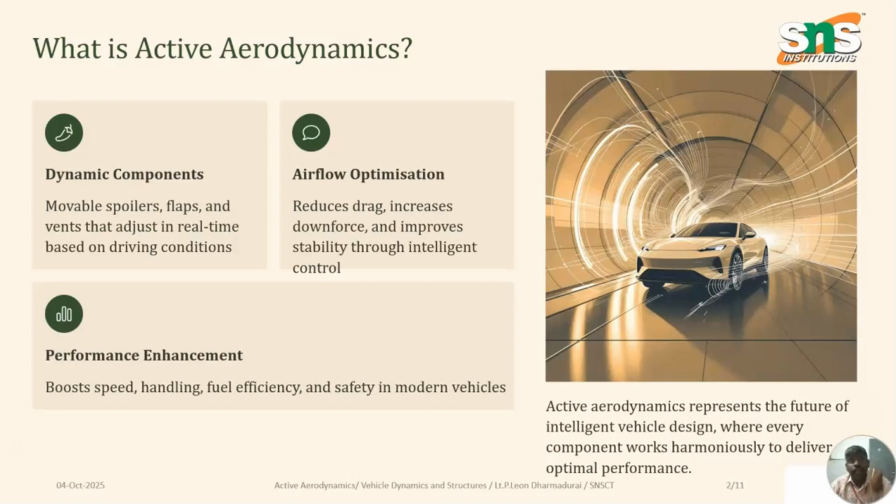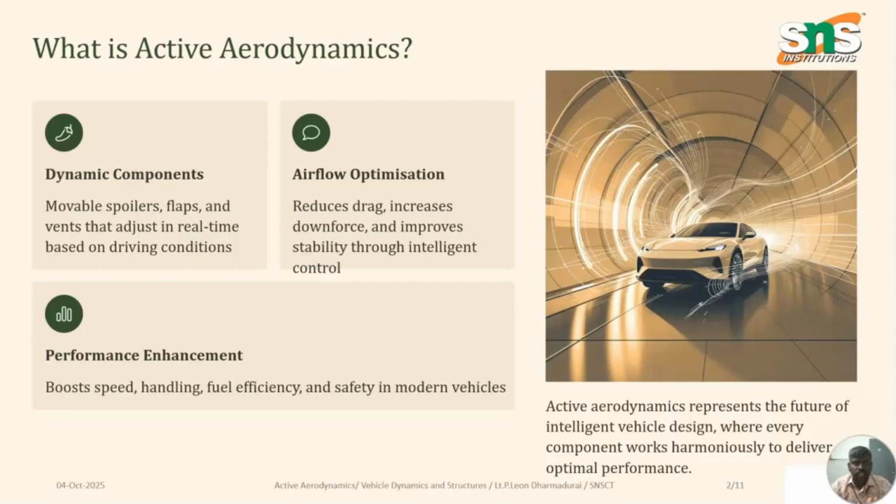So what is active aerodynamics? In normal aerodynamics, we use many components like spoilers, flaps, vents, etc., which stay in a stationary condition. In active aerodynamics, they can be movable and moved according to the environment and the requirement.